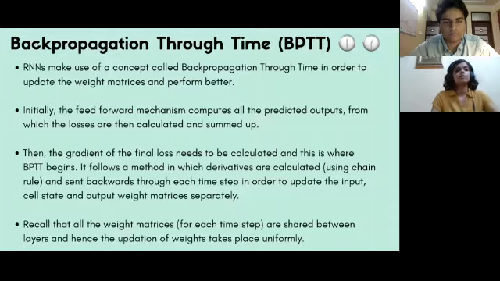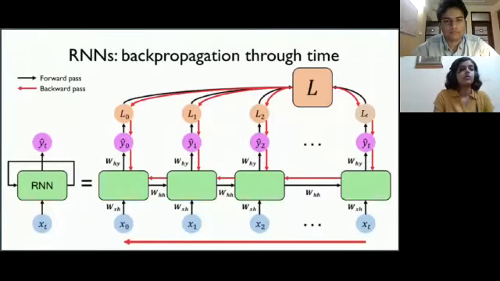This does not happen in CNNs or simple artificial neural networks. So what is calculated here? There is a lot of math involved in BPTT, or backpropagation through time. Basically, the derivative of the loss is taken with respect to each of the three weight matrices. I think that if we go to the next slide, you will be able to comprehend all this better.